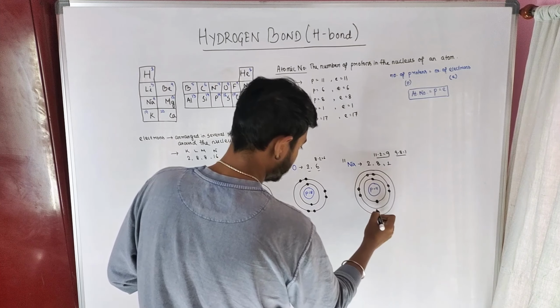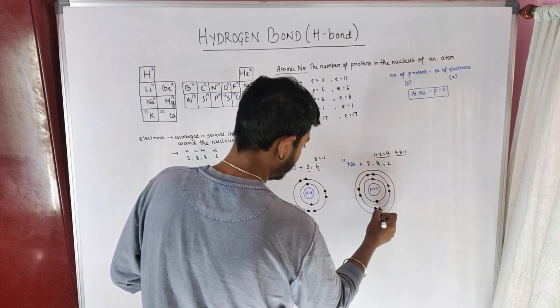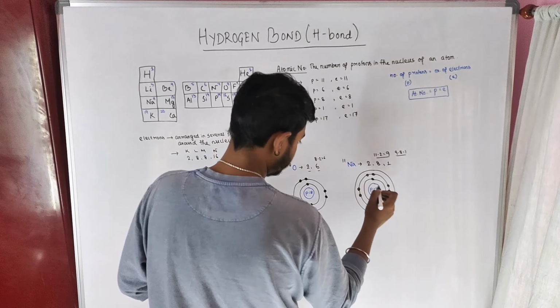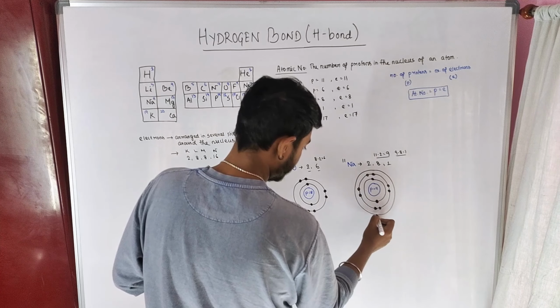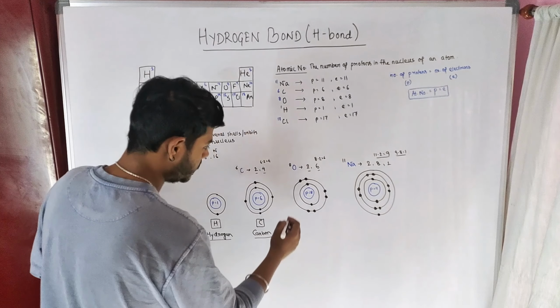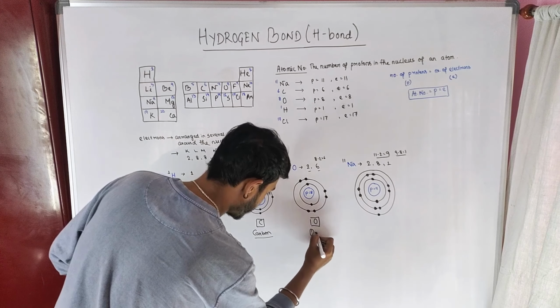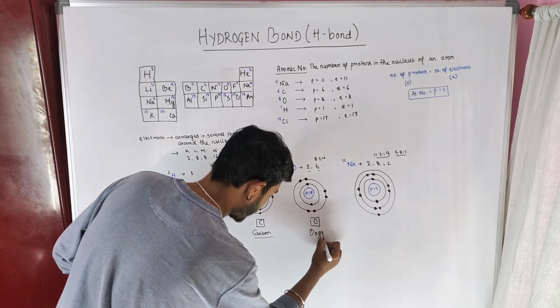So all these electrons are orbiting or revolving around the nucleus, and the last shell will have 1 electron. So this was oxygen. And this was sodium.